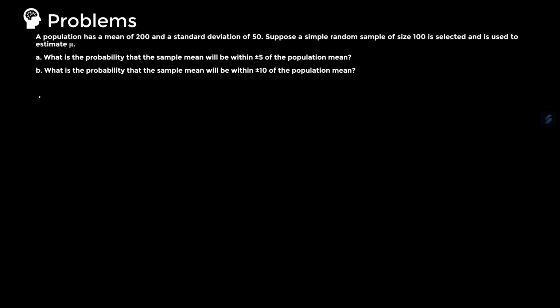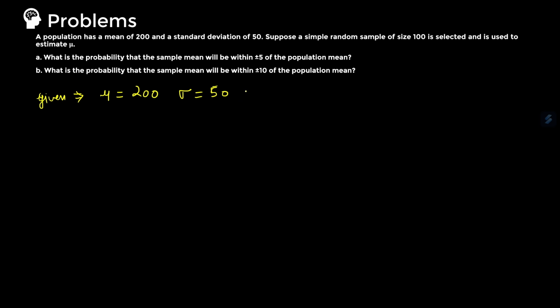Okay, moving on. So this is an interesting problem in which it says the population has a mean of 200. So our given information, we will write it down. Population mean mu as 200 and a standard deviation of 50 is also given.